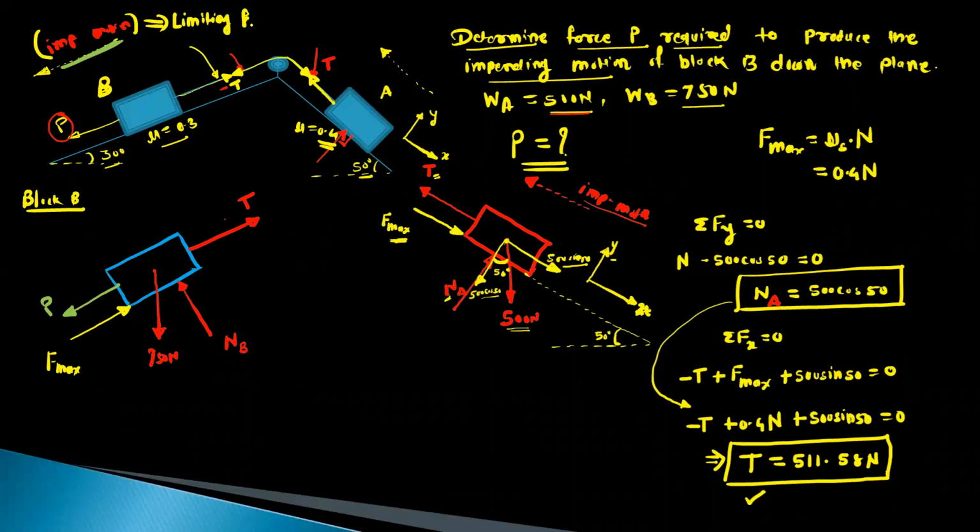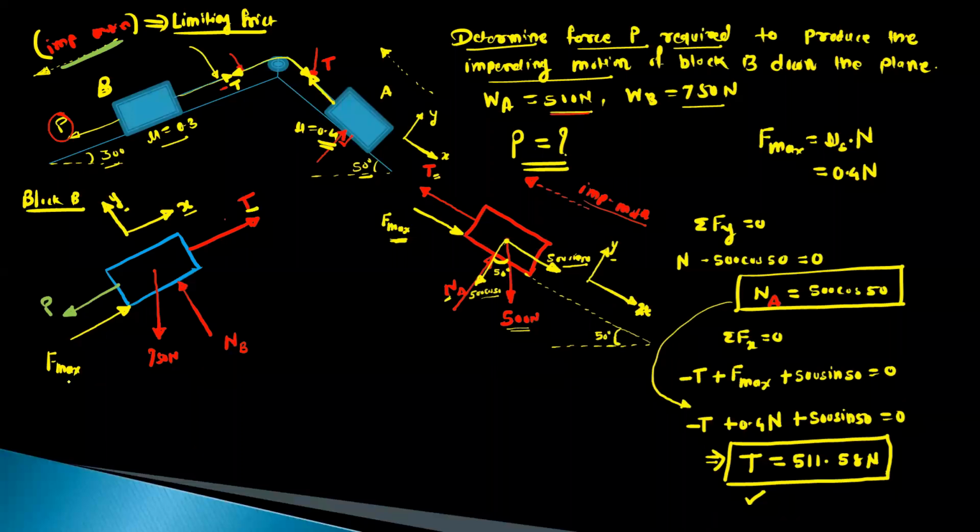So we have to consider the limiting frictional force, which is the F max value. Okay. Now here we will consider the reference axis like this. This is parallel to the plane, which is the x-axis, and this is perpendicular to the plane, which is the y-axis. And resolve the forces along this direction, x and y.